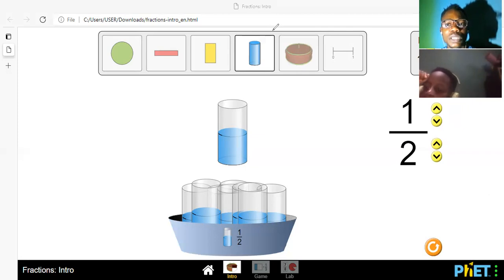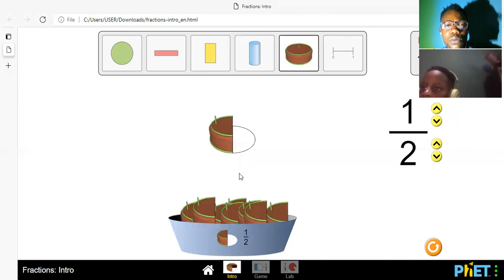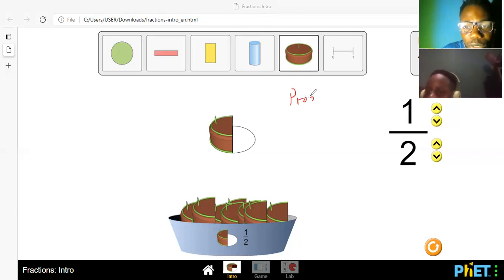Let me go back to the cake. Okay. So now, if you want to have what we call proper fraction, I have told you yesterday that proper means that it is what?